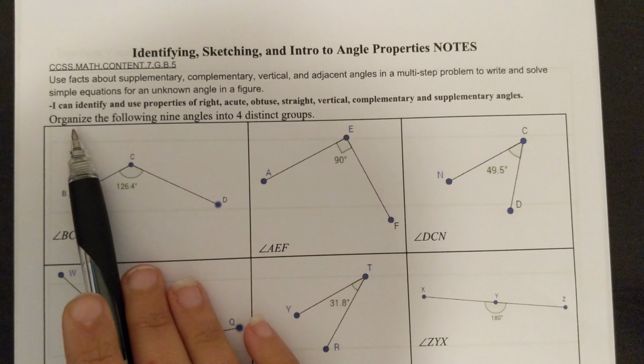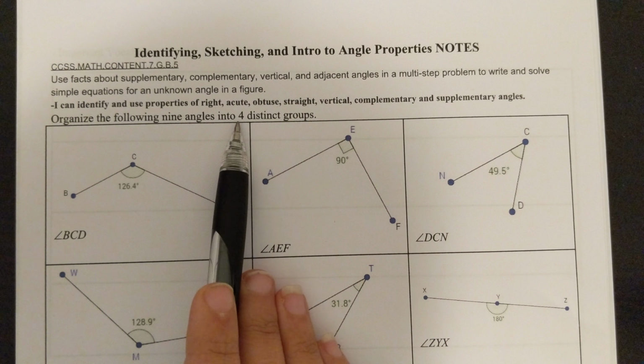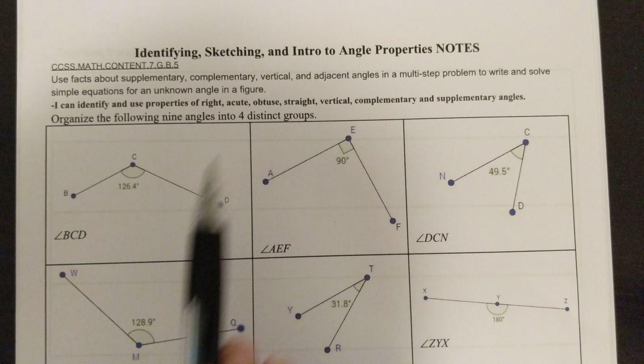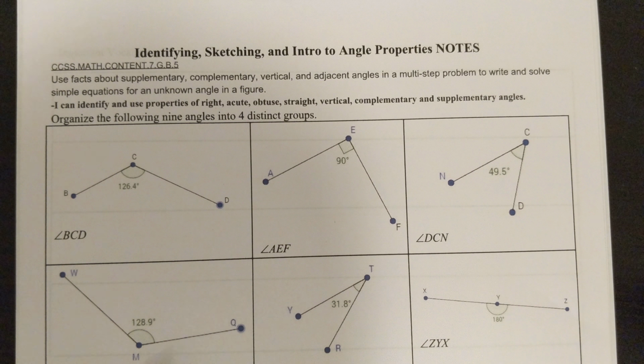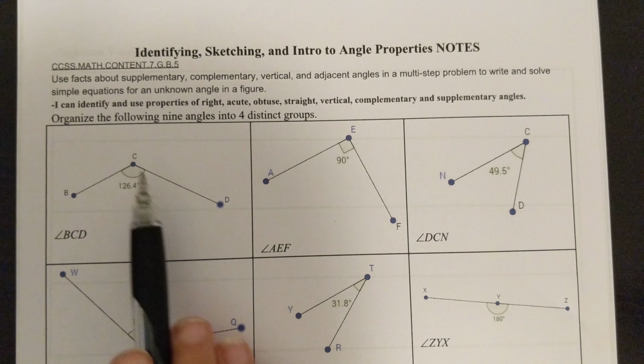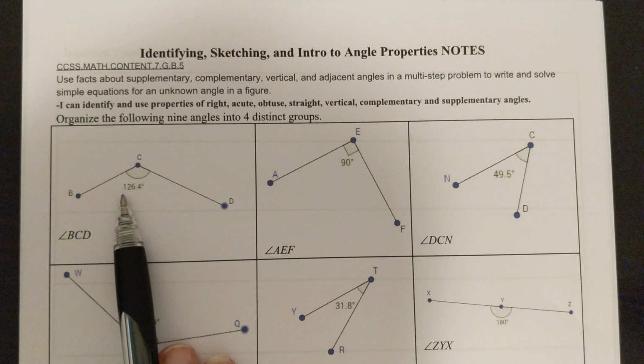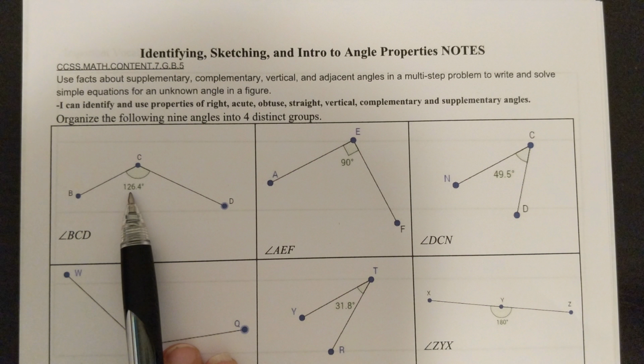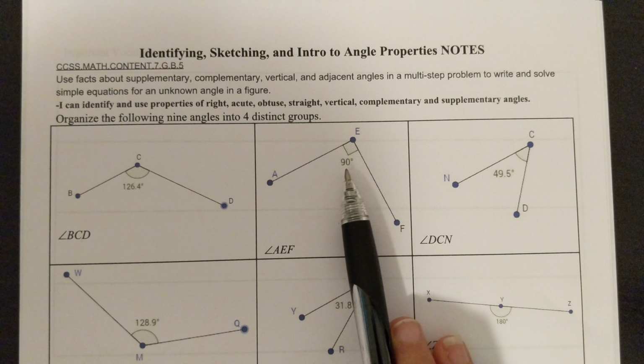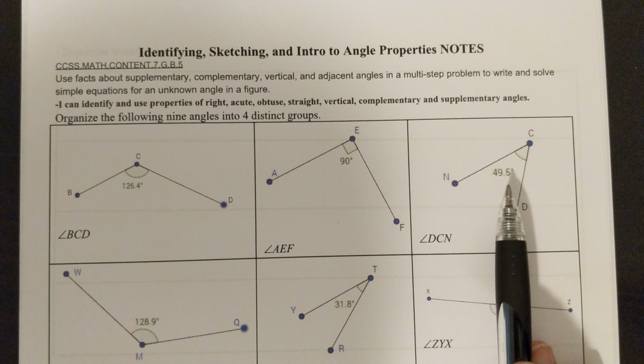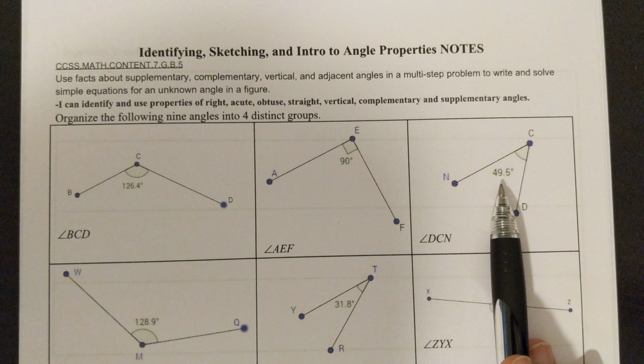The first part wants us to organize the following 9 angles into 4 distinct groups. So we're going to quickly look through these 9 angles. I notice the first angle is about 126 degrees. The second angle is about 90 degrees. The third angle is about 49.5 degrees.